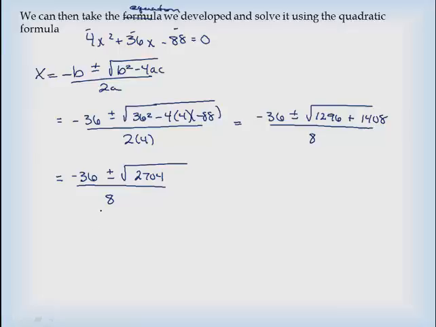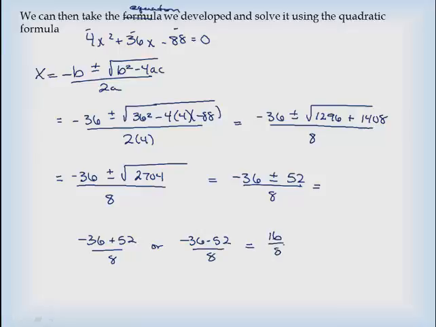And if I take the square root of 2704, I get negative 36 plus or minus 52 over 8. 52 minus 36 is 16. So I'll have negative 36 plus 52 over 8, or negative 36 minus 52 over 8. Giving me 16 over 8, or negative 88 over 8, giving me 2, or negative 11.